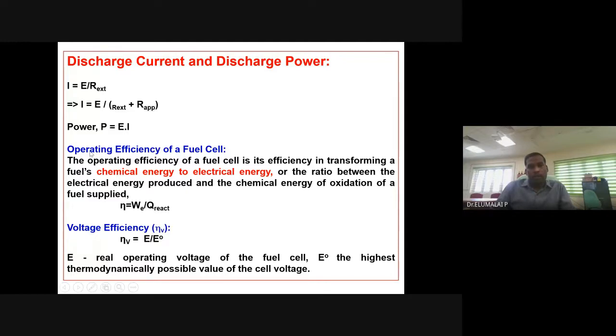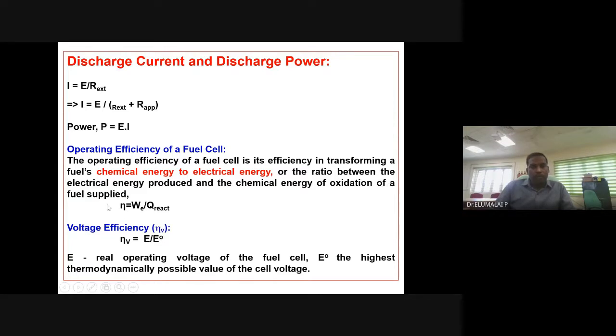Likewise, you have an operating efficiency for your fuel cell, which is defined as eta equal to the work obtainable from your fuel cell to that of the heat absorbed, or the energy that is being supplied. So it is not thermodynamic efficiency; it is not thermodynamically limited. It is how much work you can get from the fuel cell with the supply of your fuel. Depending on the catalyst and the efficiency of the fuel cell, you get maybe 80% or so.